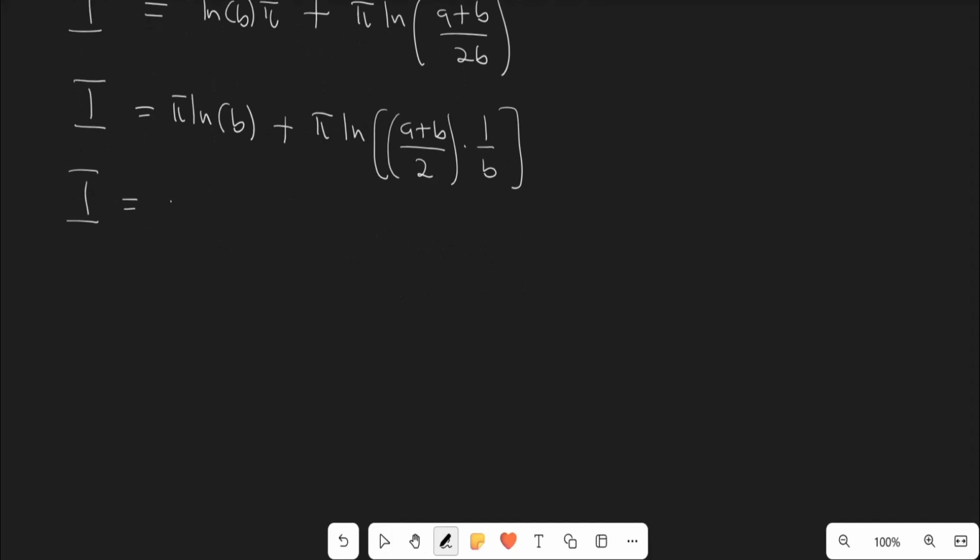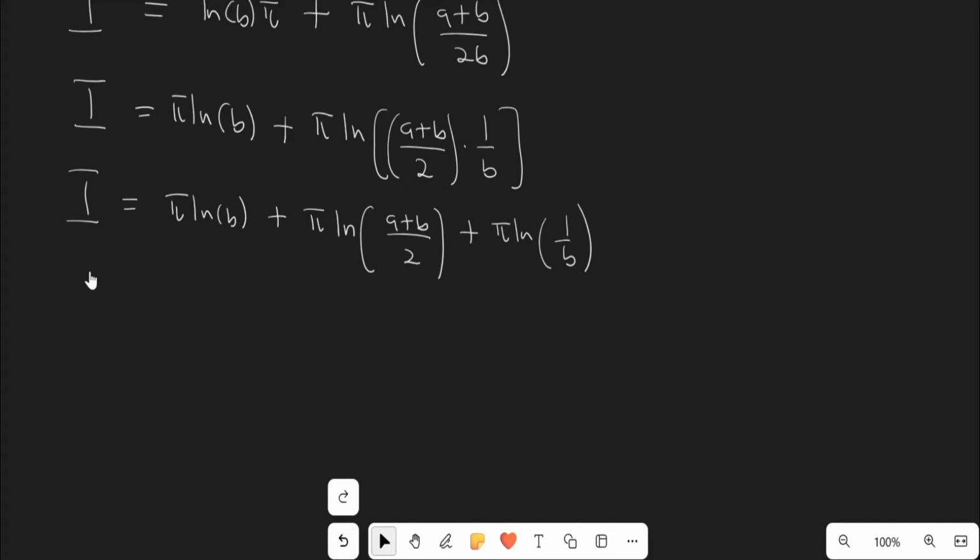I is going to be equal to pi times the ln of b plus pi times the ln of a plus b all over 2, and then plus pi times the ln of 1 over b. That is using the laws of logarithm. This one is multiplying this, so that is what we have.